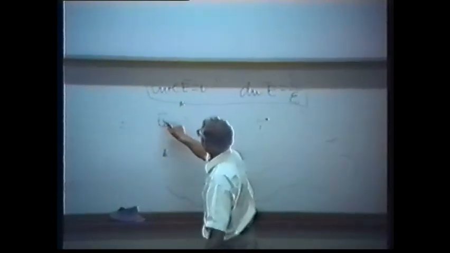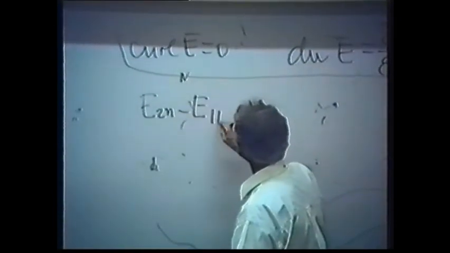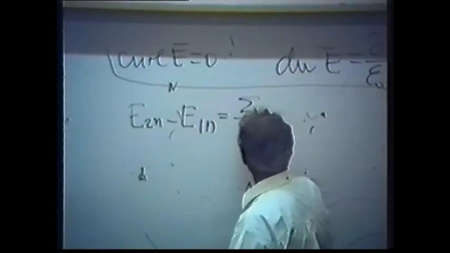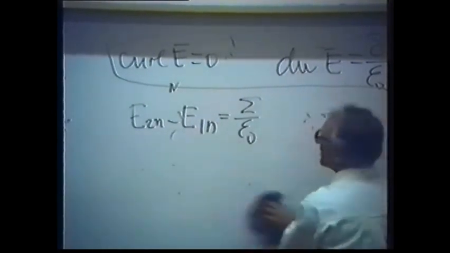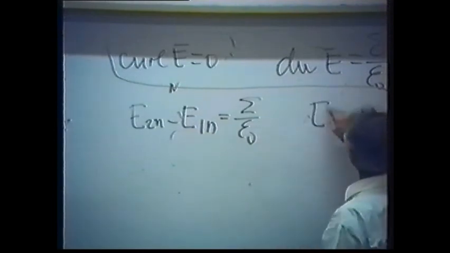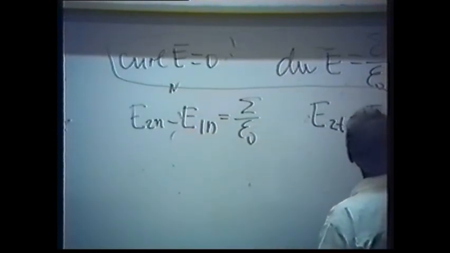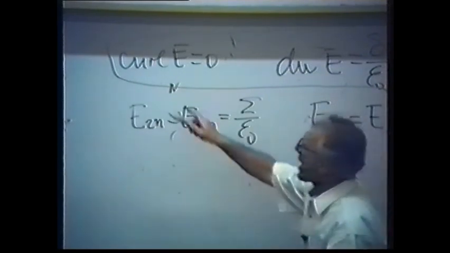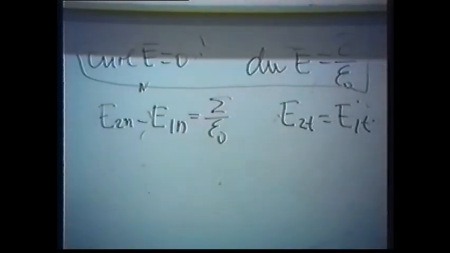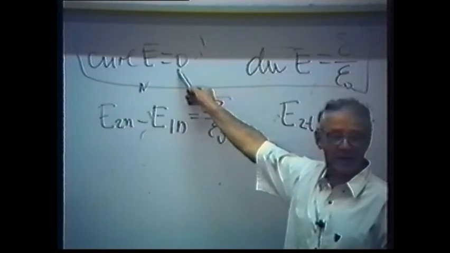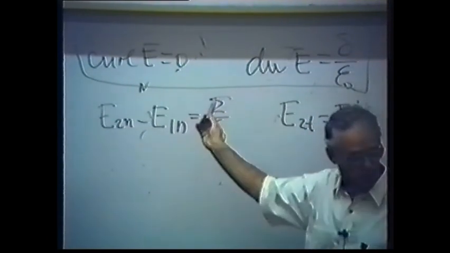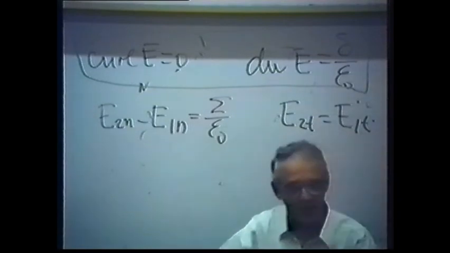At interfaces, always, without any exception, the difference of normal components equals the density of charge, and the tangential components of the electrical field are the same. Everything is derived from Coulomb's law. What this equation tells us is that sources of vortexes of the electrical field are absent. What is written here is that the sources of the electrical field are charges.